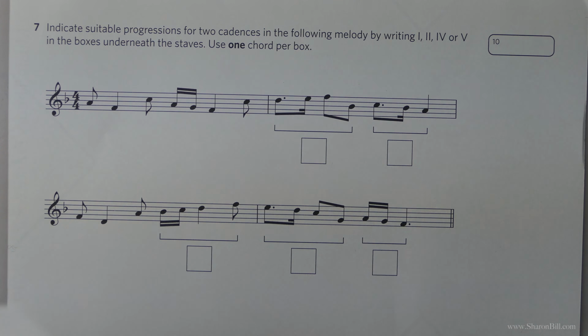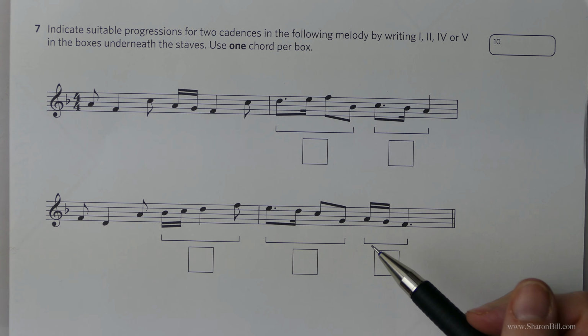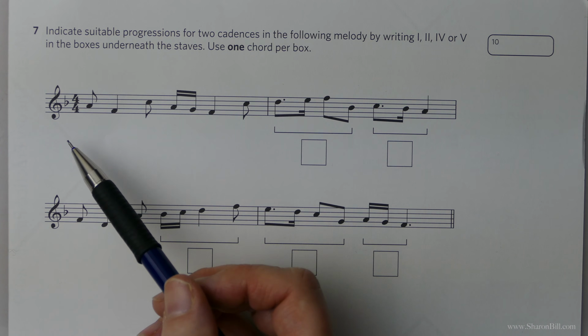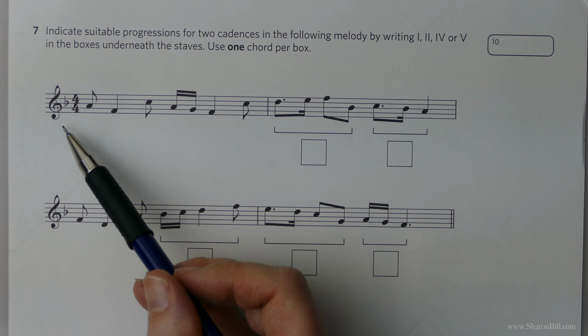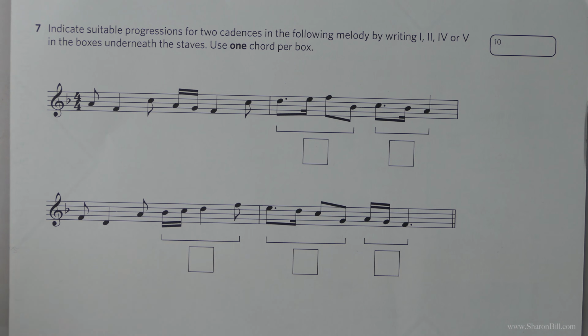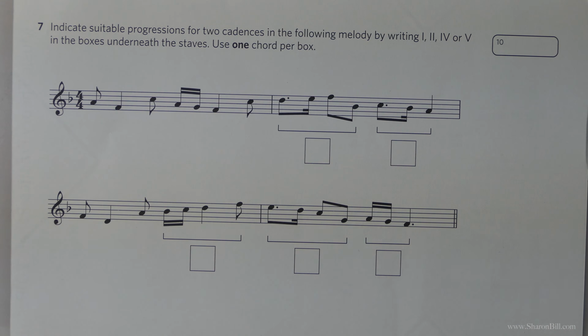And this is the nice downhill stretch to the end of the paper, writing out these chords. So first job is to make sure we know what key we're in. We're in the key of F major. If you refer to your circle of fifths, you can be sure of that.